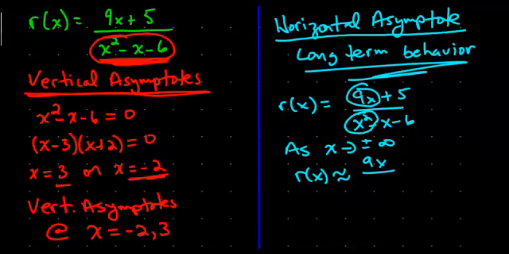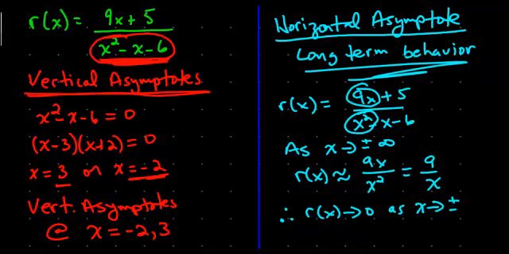And watch the previous videos to see the formal algebra of how that works out. x squared. So this is going to equal 9 over x. Therefore, r of x goes to 0 as x goes to plus or minus infinity.